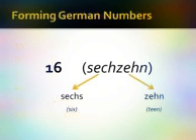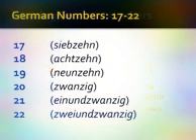Take that word apart, we have sechs, which is 6, and zehn, which is 10, which is analogous to the English teen. And this continues on to the numbers 17, 18, 19, 20, 21, 22.